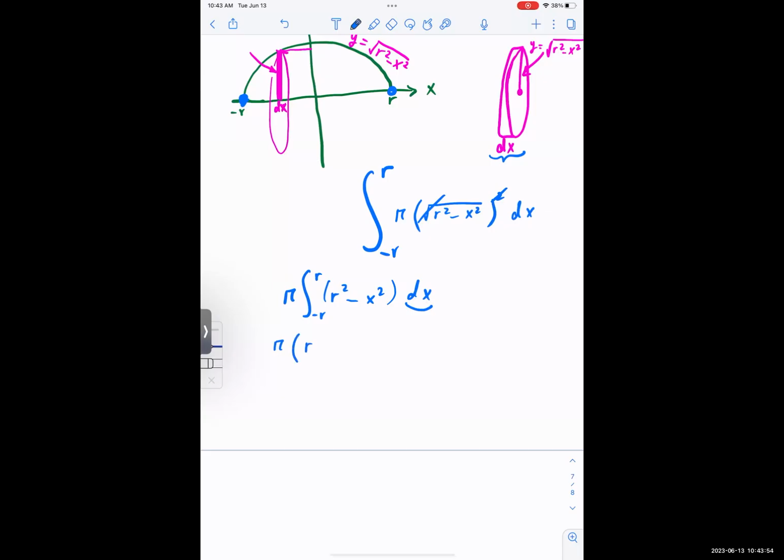So the integral of that is just r squared x. It's like 5, 10. So what is the integral of 5? 5x. Integral of 10, 10x. R squared x, because with respect to dx, that's acting like a constant. Minus x cubed over 3, going from negative r to r.